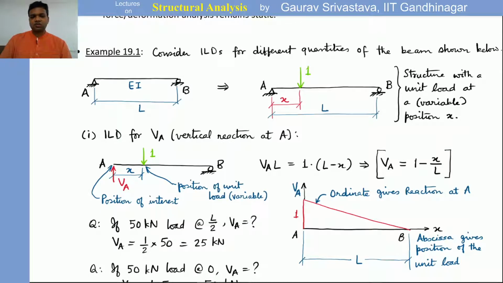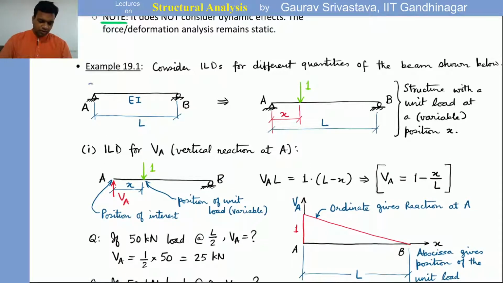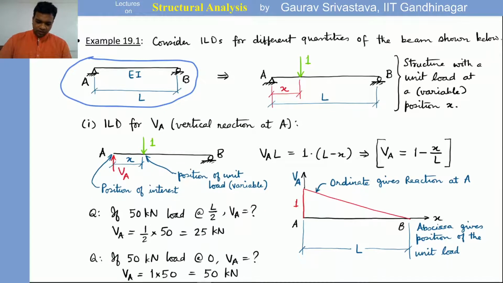So let's look at a few examples. Let's say there is a simply supported beam which is given like this, AB, and we consider making influence line diagrams, or ILDs, for different quantities of interest. What we will do is we will consider the structure with a unit load at a variable position x.